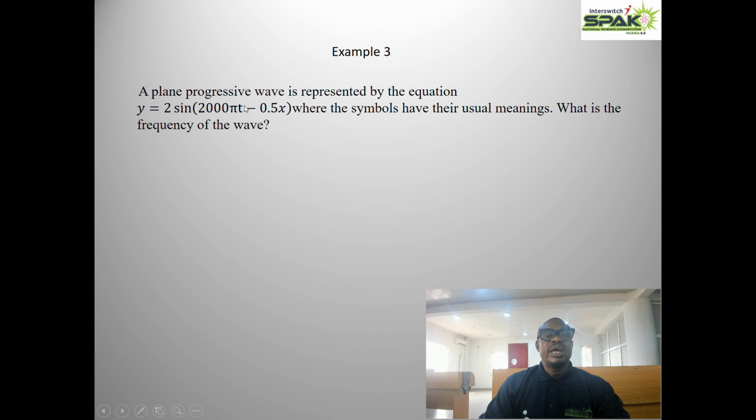Example 3. A plane progressive wave is represented by the equation y equals 2 sine of (2000 pi t minus 0.5x). When the symbols have their usual meanings, what is the frequency of the wave? The frequency. So do you have an idea how to go about this?